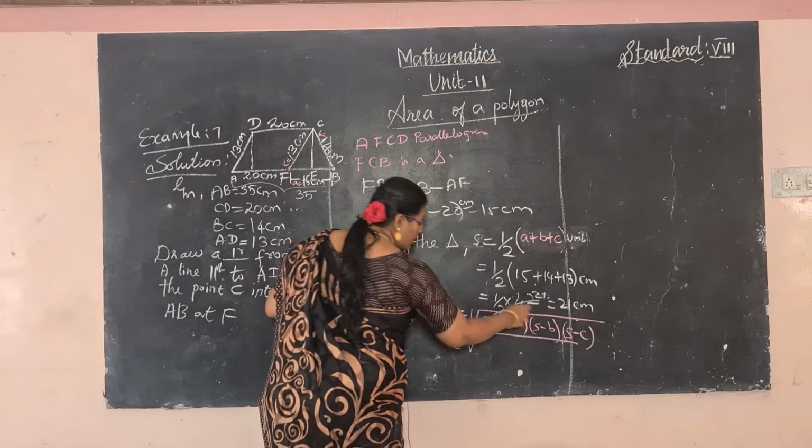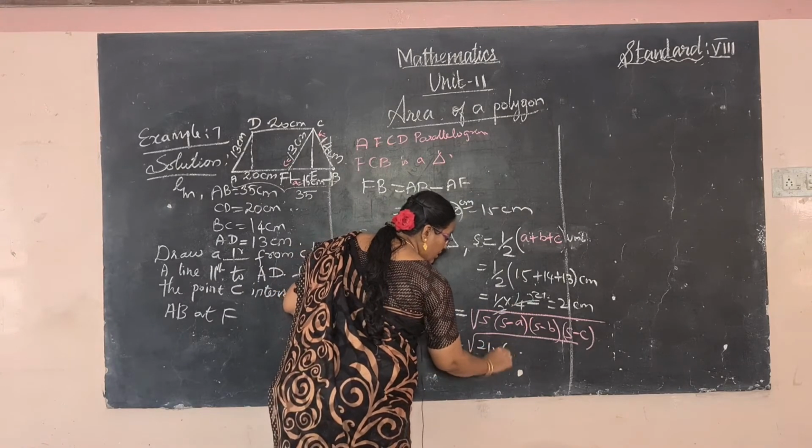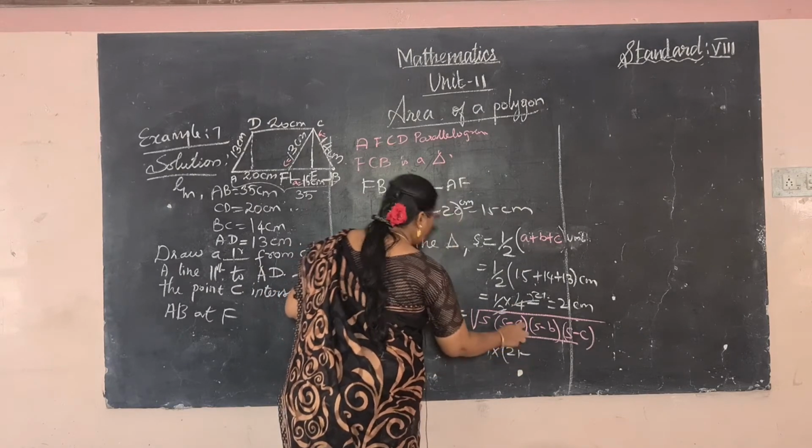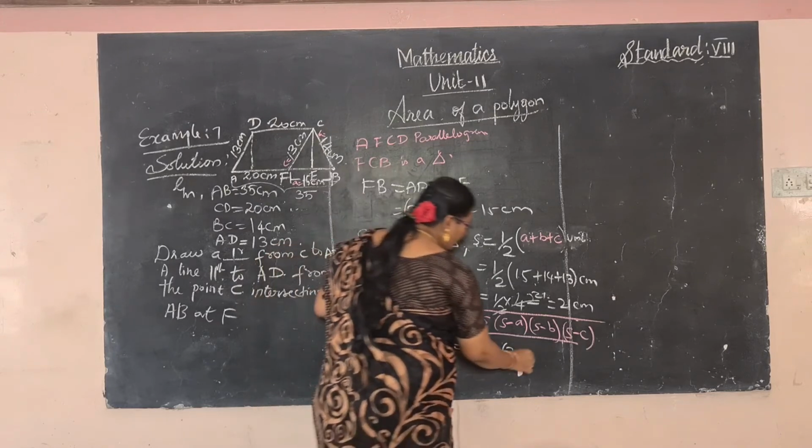S value was 21, so 21 into 21 minus A value, which was 15.